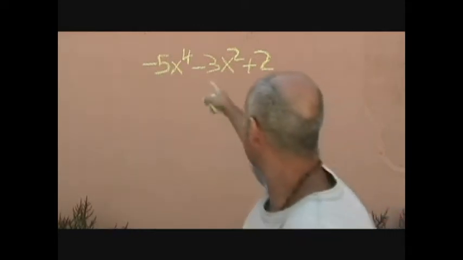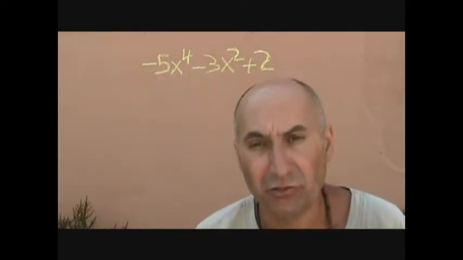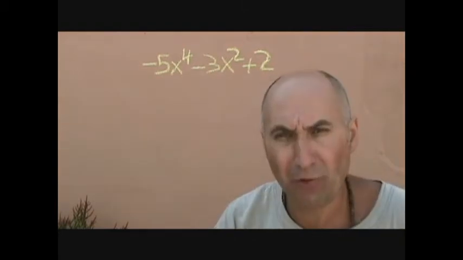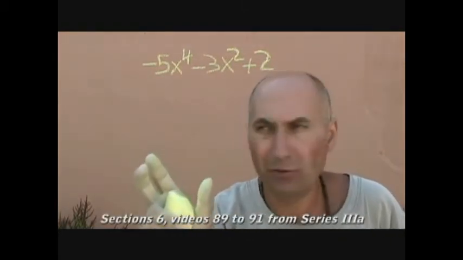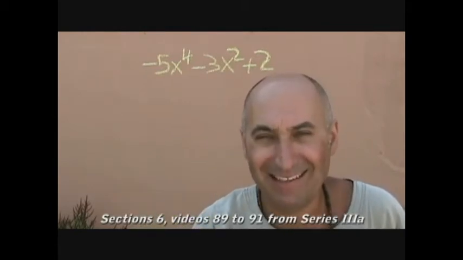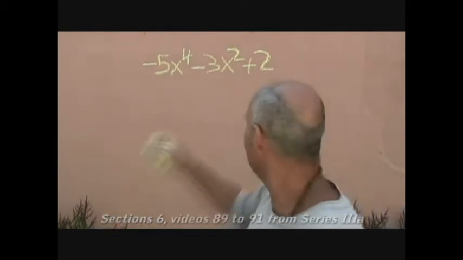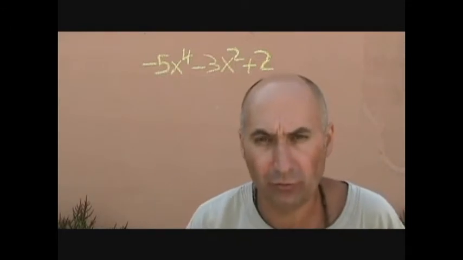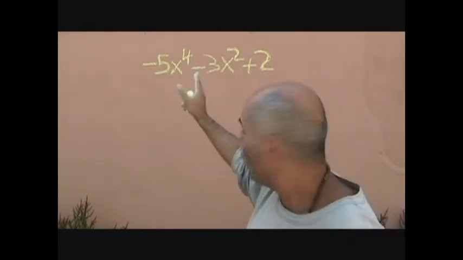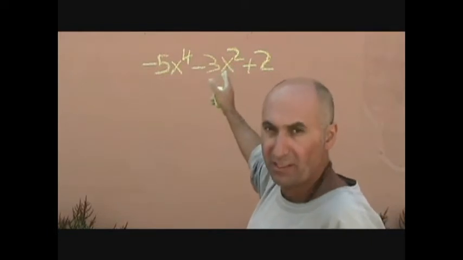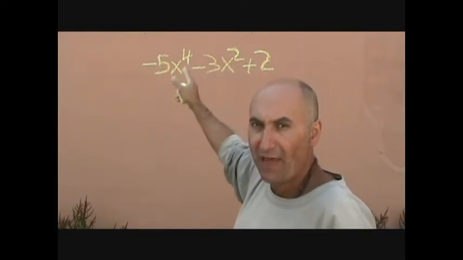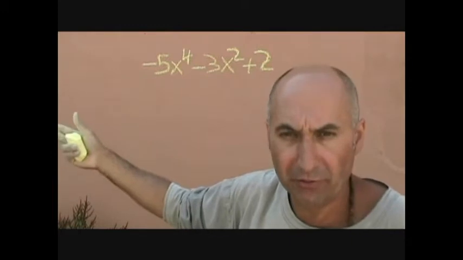We can't have decimals up top because those are not considered to be polynomials. The definition of polynomials is from Series 3A, I think videos number 89 to 91 or something like this, where we talked about what the definition of a polynomial is. So we want that power twice as much as this one, or basically this power half that power, for us to be able to do it.